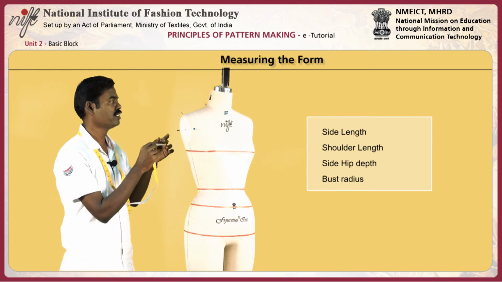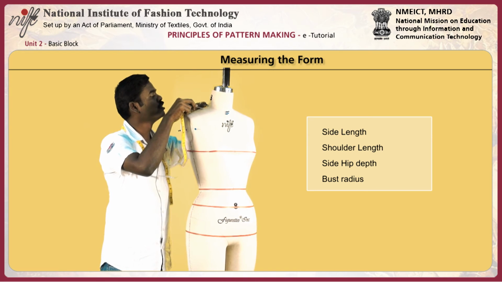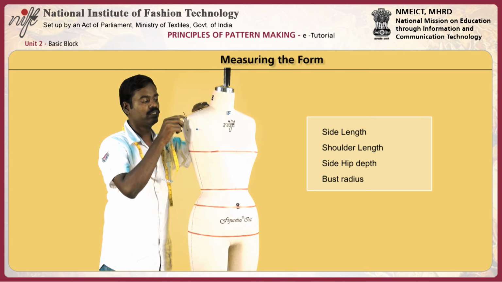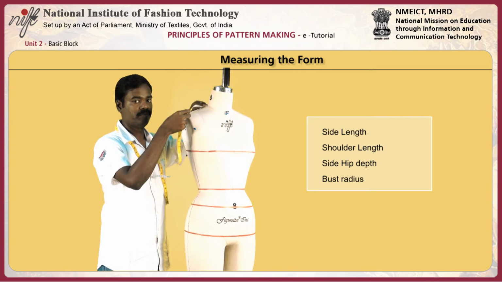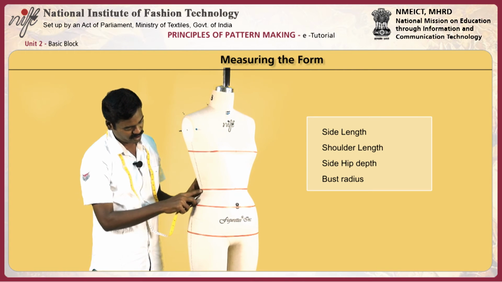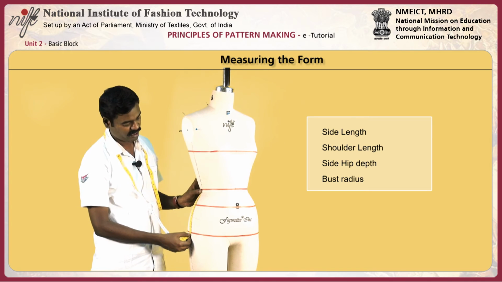Then shoulder length, measure shoulder at neck to shoulder tip. Then side hip depth, measure waist to hip line at side seam.